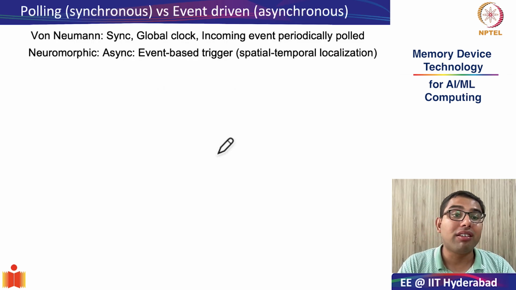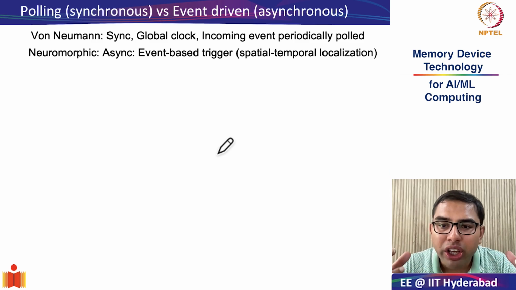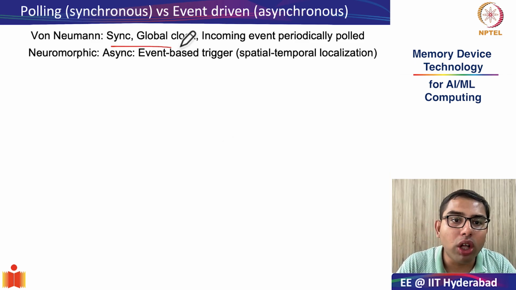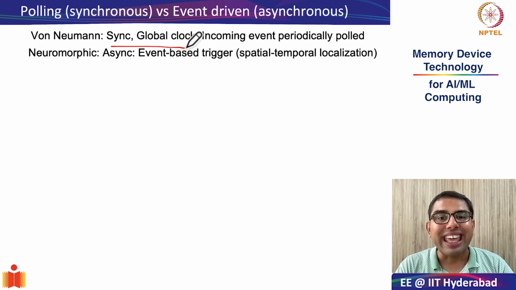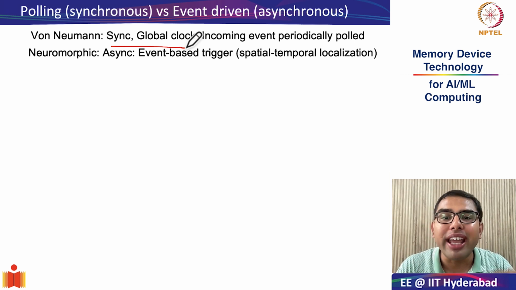Because the concept of asynchronous event-driven computing is rather new, let us try to understand this with a few useful examples. So, what is your traditional computing which is synchronous, which involves a global clock? In this kind of computing, any incoming event is periodically polled.